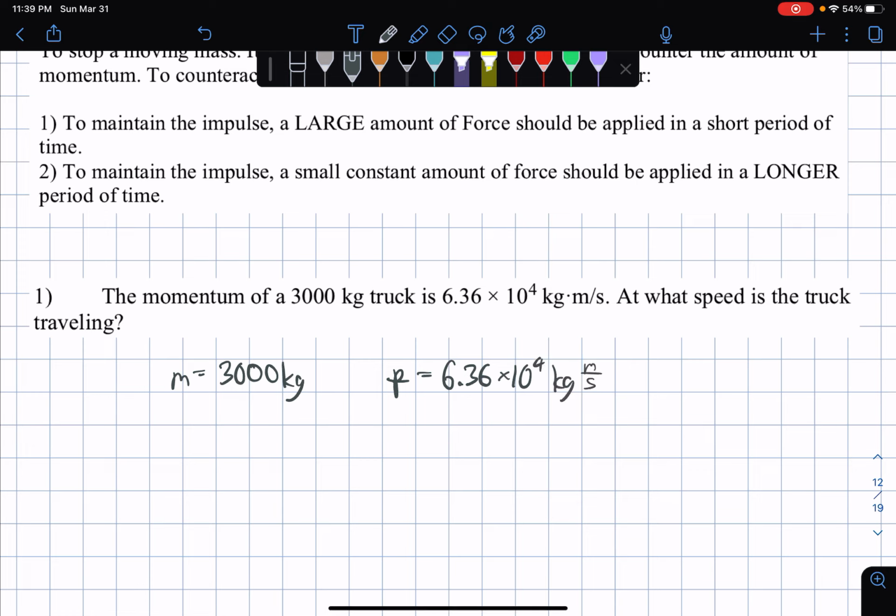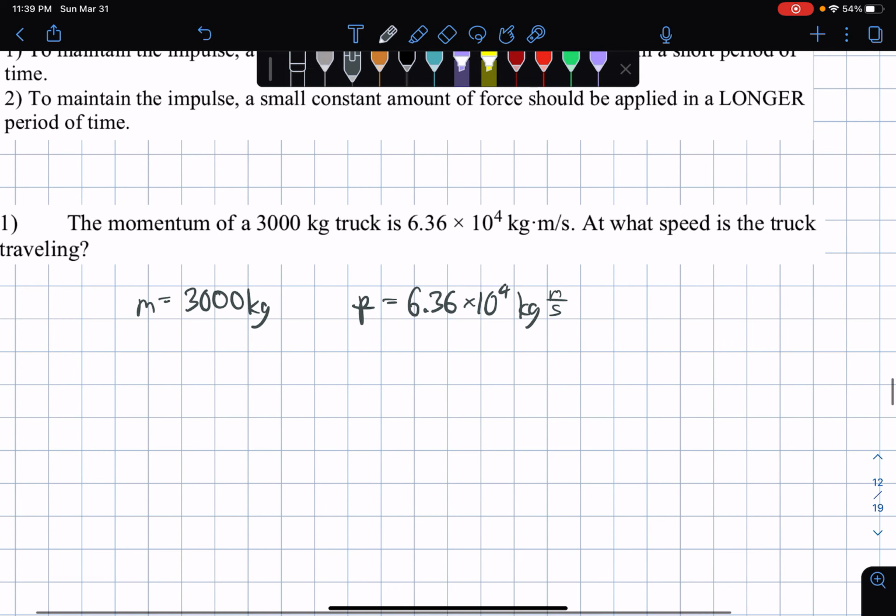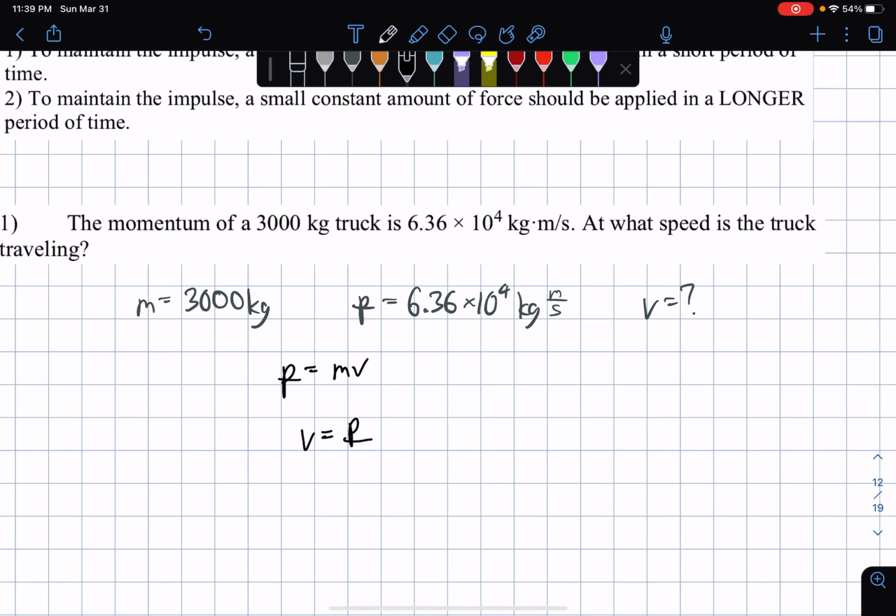At what speed is the truck traveling? What we mean by speed is basically velocity. That's the missing value. So P is equal to mv, such that we know what P is as well as the mass. We're looking for velocity. Therefore, our formula ought to be calibrated this way.